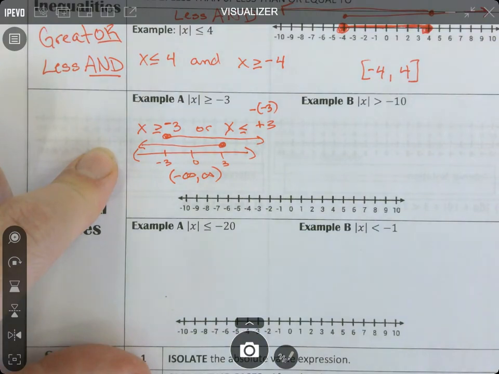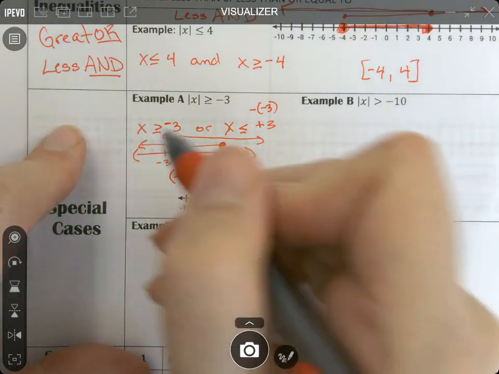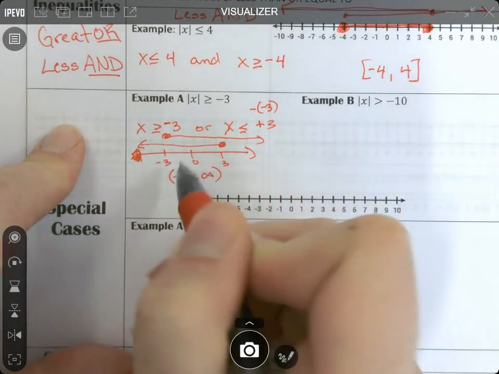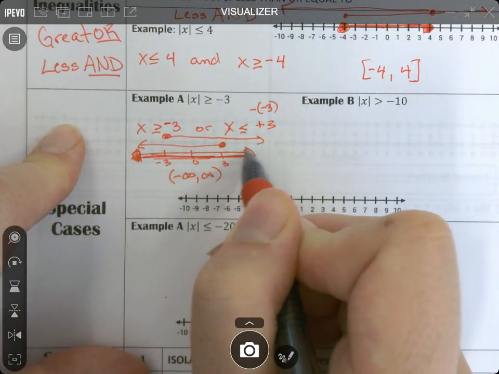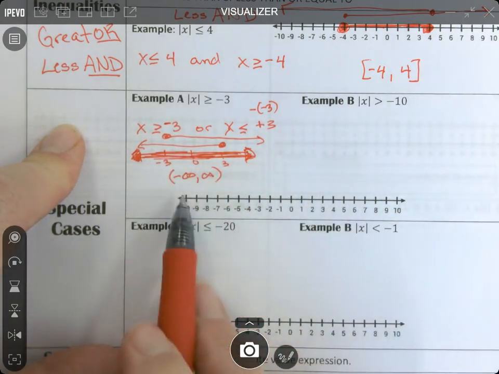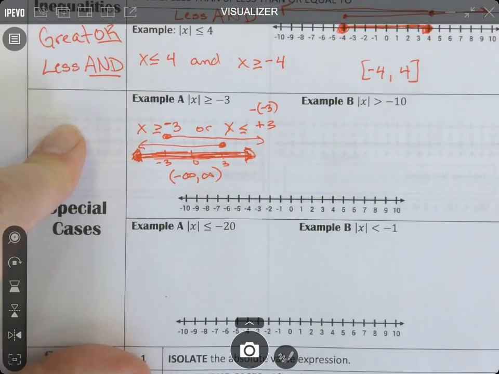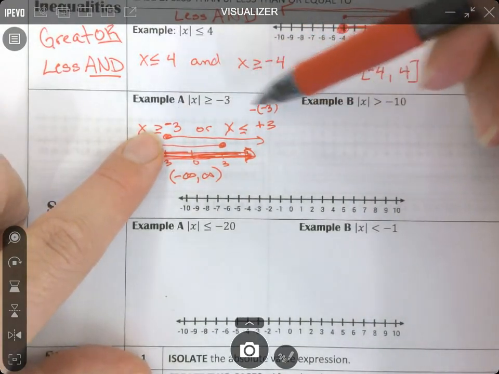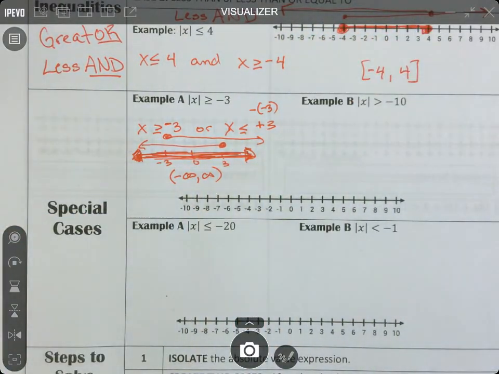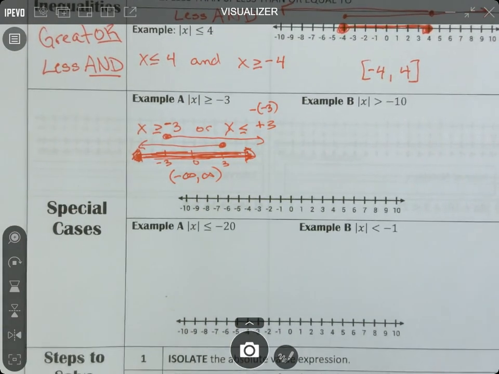Or is one, the other, or what? Both. So how would you show this on a number line? You would shade the whole number line, drop the points, and then your final answer is negative to positive infinity. Okay, so where I screwed up was this should stay the same, and this one should have been the opposite, and I completely ignored that it was a -3 and just wrote down 3.